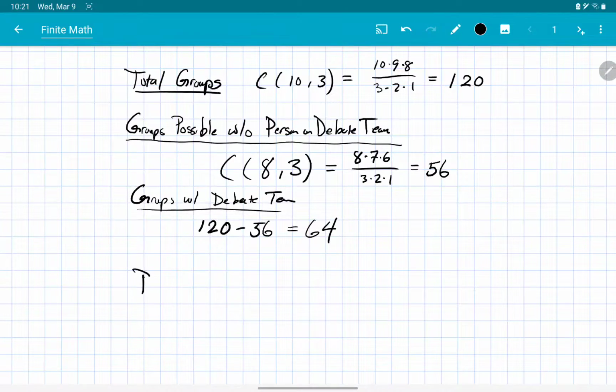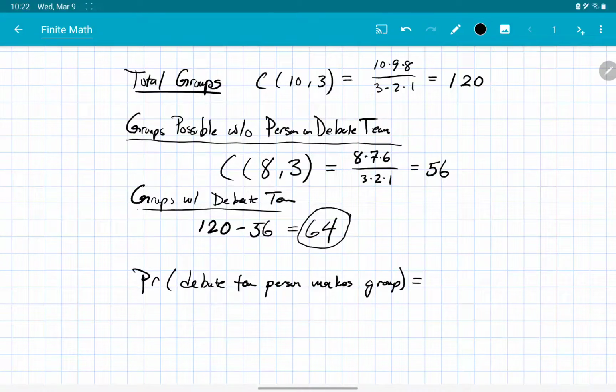So the probability of a debate team person on a group is going to be the number of elementary outcomes of groups with a person from the debate team divided by the total number of groups.